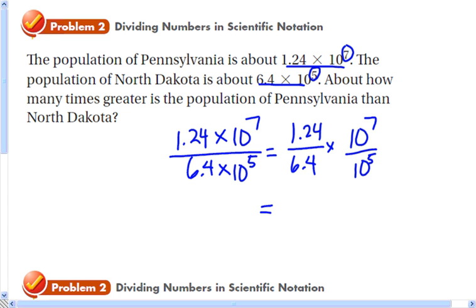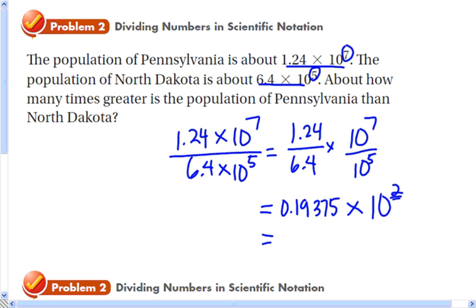If I do 1.24 divided by 6.4, I get 0.19375. You could check this. And then I'm going to subtract 7 minus 5, and that'll be 2. And now, I think I'm just going to write that as a standard number.